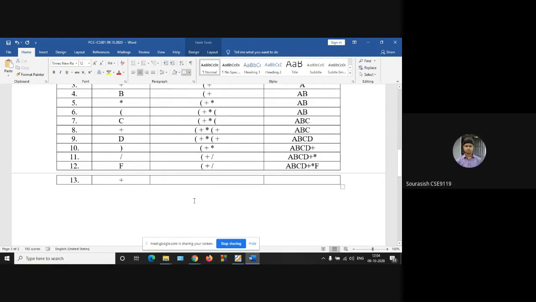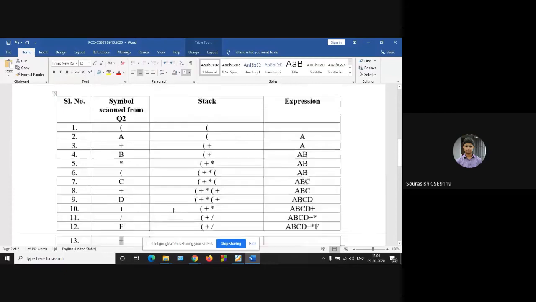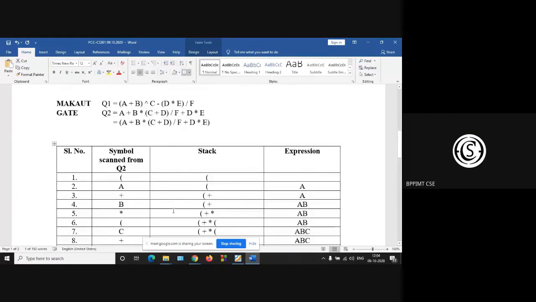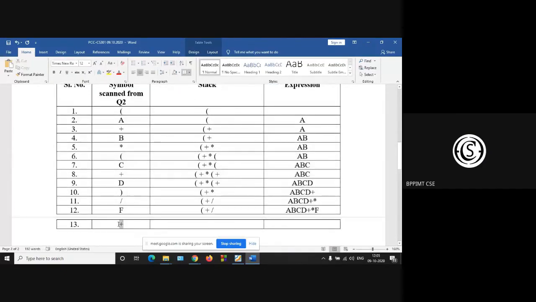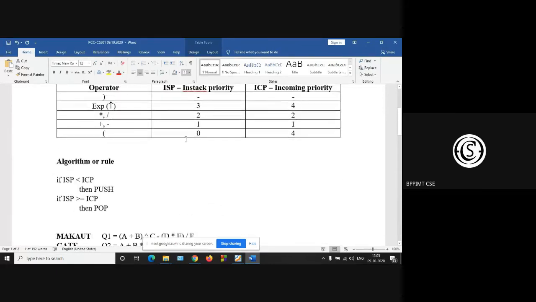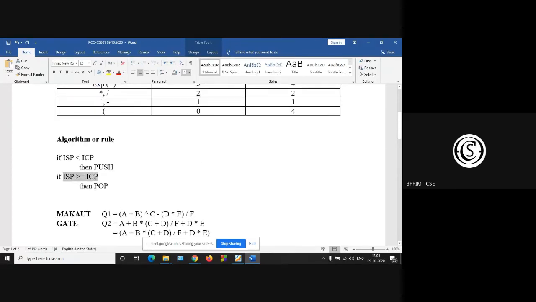See why GATE is much more difficult. So you have to pop, because this is the plus symbol. The incoming priority is 1, and the division symbol's in-stack priority is 2. Now 2 is greater than or equal to 1.